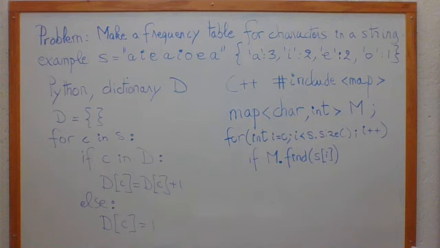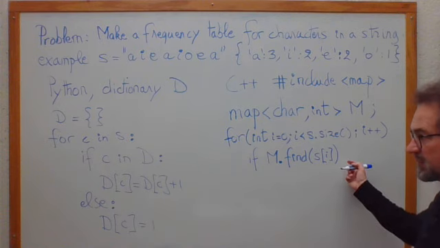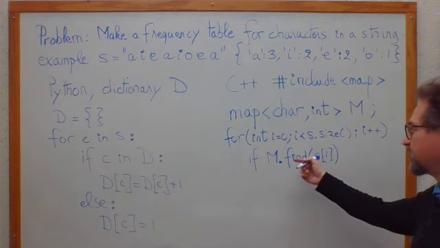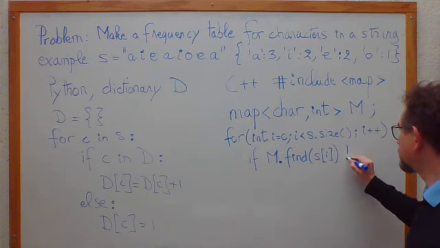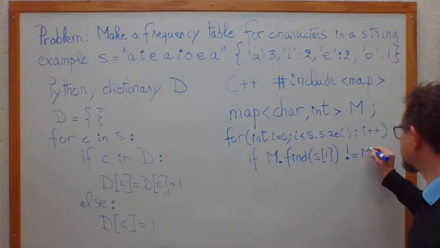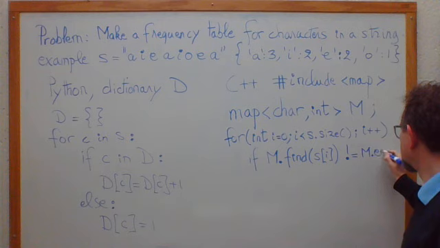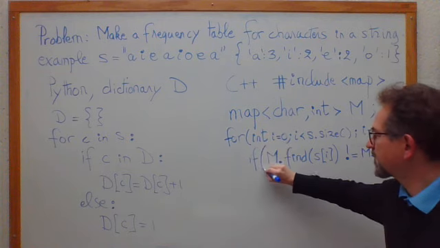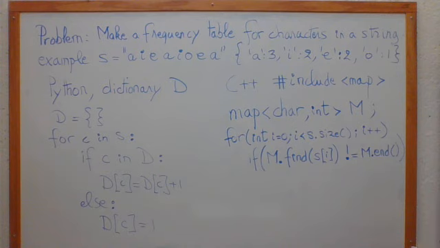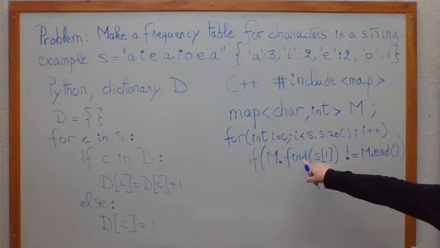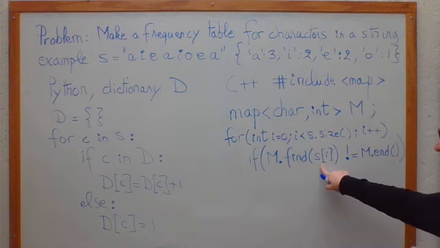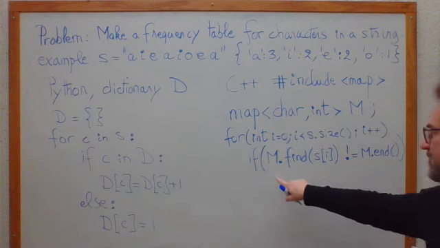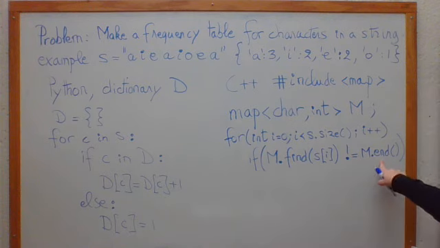If it is in the map, then what is returned will not be the end. So find returns a position which is an iterator value. When the character does not occur in the map, we get end.